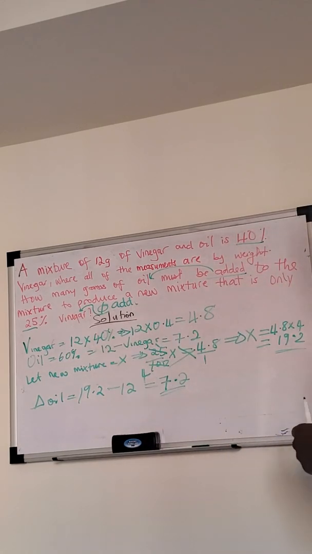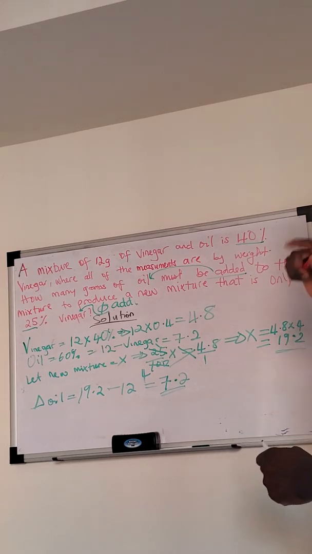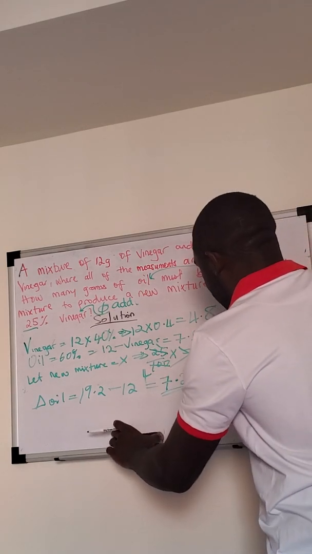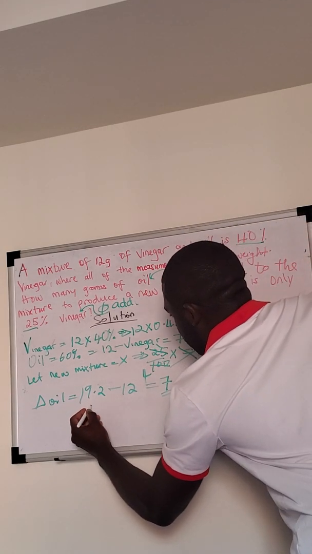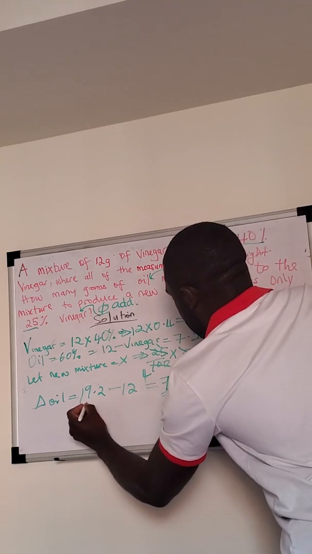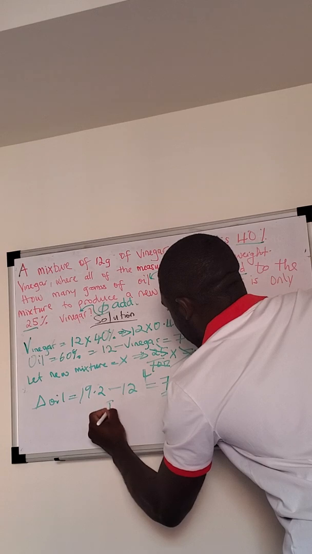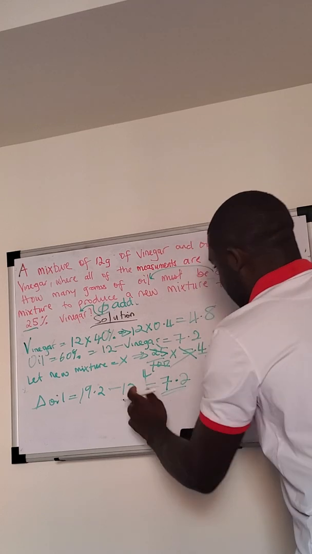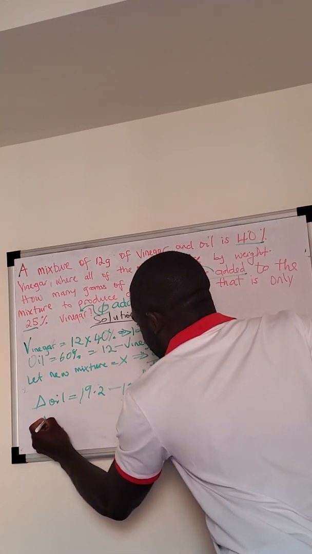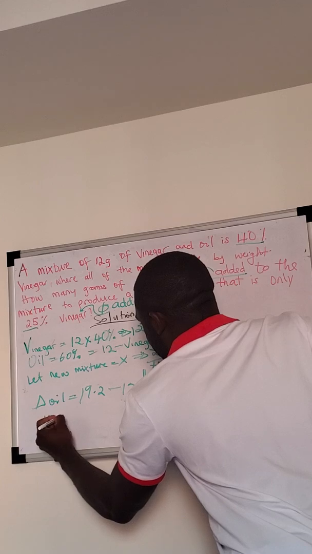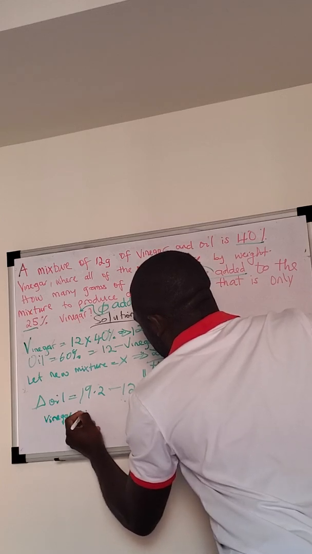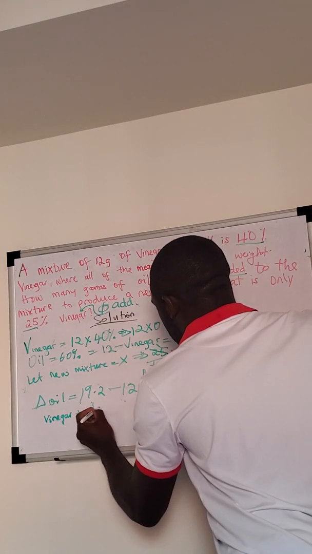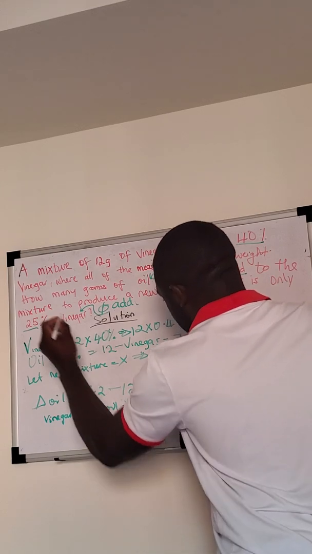And we can verify that answer simply by computing the numbers. For this answer to be correct, the new total mixture, vinegar plus old oil plus new oil, should be equal to 19.2. Vinegar did not change, that's why I repeated old oil.